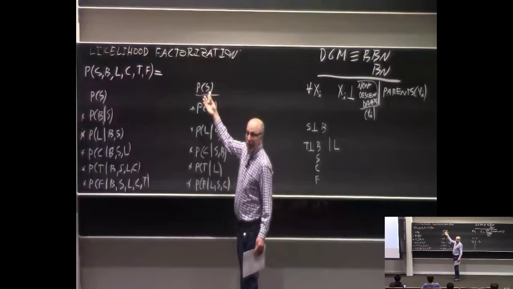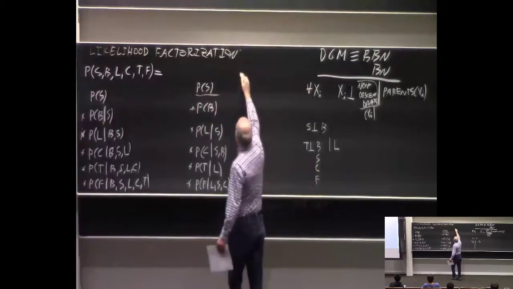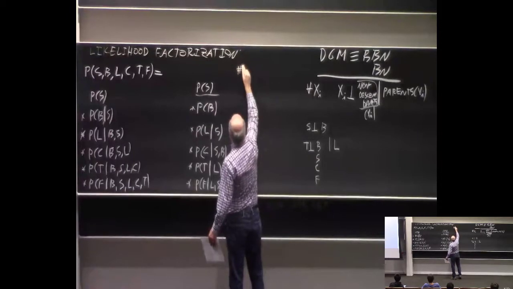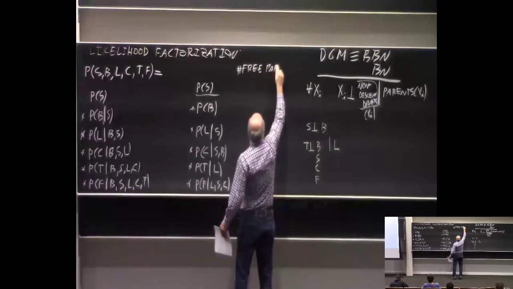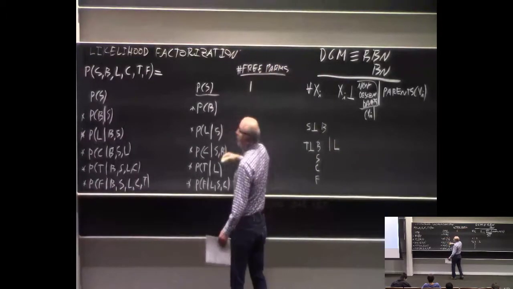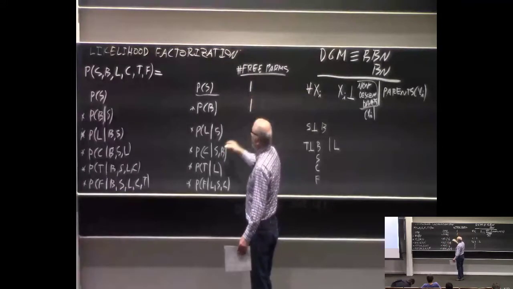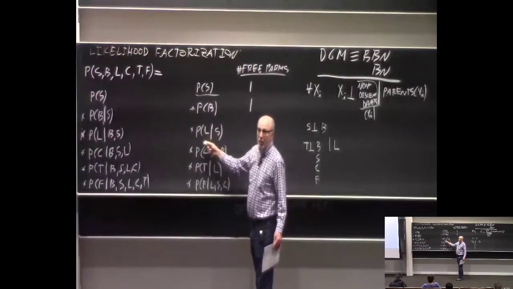Probability of there's a storm or no storm, they have to sum to one, so one free parameter. Here's 1. What about here? 1. What about here? S could be 0 or 1. When S is 0, we need one free parameter to estimate the probability of this under this condition. When S is 1, we need another one parameter.